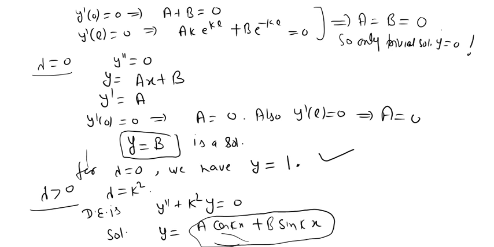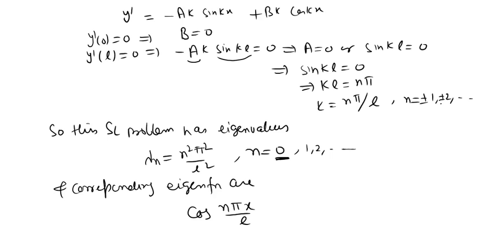Okay, a cos kx, so a is non-zero, so the solution is cos kx, and k is n pi by L. So the eigenfunctions you can write as y n x, they are cos n pi x by L, and n is running from 0, 1, 2, etc. And when n equal to 0, you got 1. Cos 0 is 1, so that is for lambda equal to 0. So I have combined case 2 and case 3, lambda 0 and lambda positive. So everything you have now. So this completes the first part, that you got the eigenvalues and eigenfunctions.